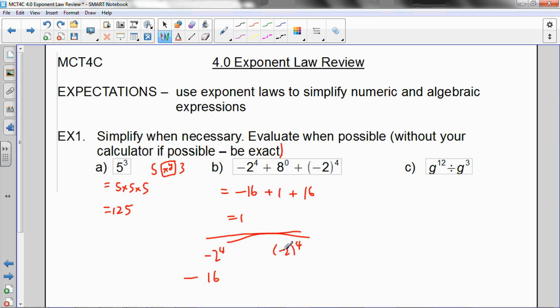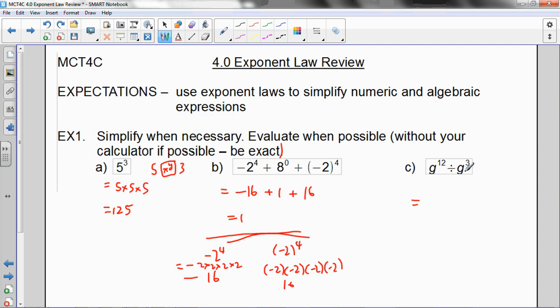In this one, the base is negative 2. The negative is in with the multiplies. Negative 2 times negative 2 and so on is 16, just like I said. That's the difference, right? This is the negative of 2 times 2 times 2 times 2. And if you do this in your head, you're not going to mess it up. If you try and put this into your calculator, you've got to be very careful where you put your brackets.